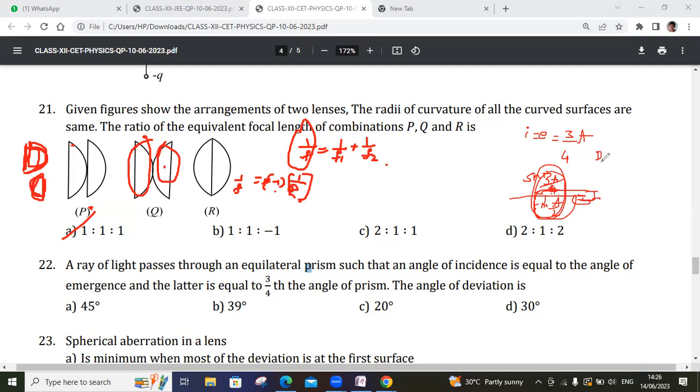For minimum deviation, the deviation value is 2i minus A. And A is 60 degree because it is an equilateral prism. So if A is 60 degree, then this is 3/4 into 60. That is 15, 3 into 15 is 45. So 45 into 2 is 90. 90 minus 60. So deviation is 30.